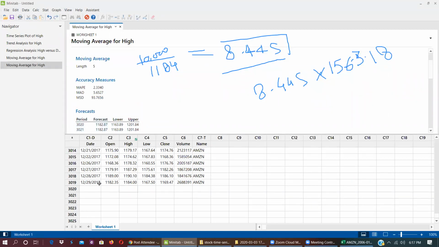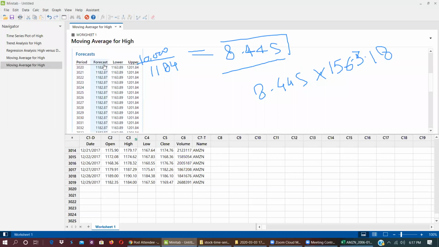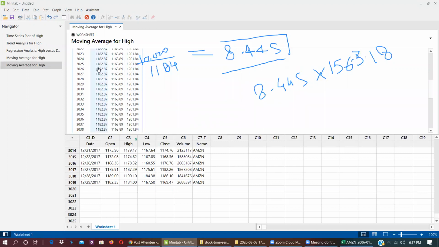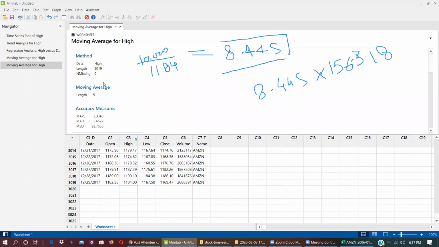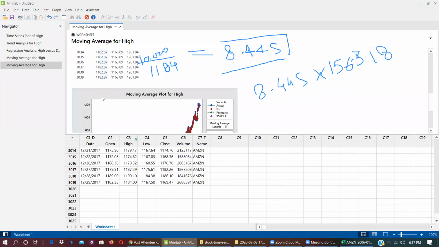We have 3019, and from here you can see the forecasted value of high, and this is the lower limit 95. Look into these values. They are all the same. Can you see? 1182.87.